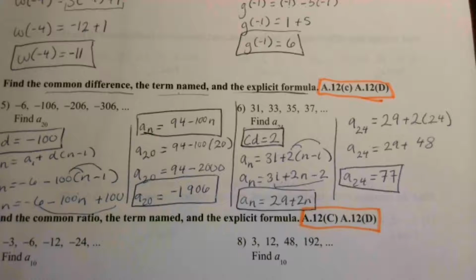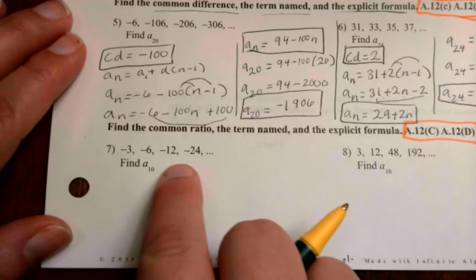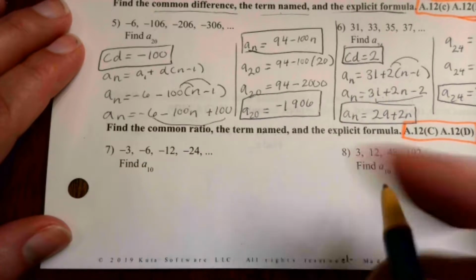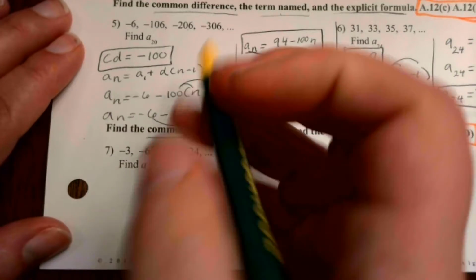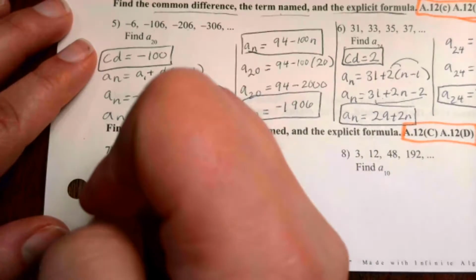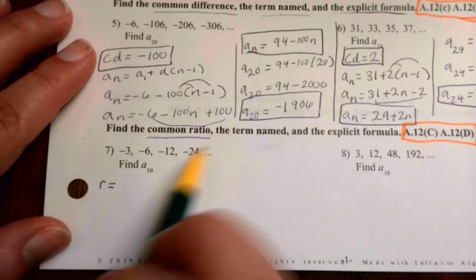Now we're going to do the geometric ones. So arithmetic is when we add and subtract. Geometric is when we multiply and divide. You're going to notice that here we're multiplying. What are we multiplying by? Whatever we're multiplying by, that's your common ratio. So r is equal to, it looks like I'm multiplying by 2.